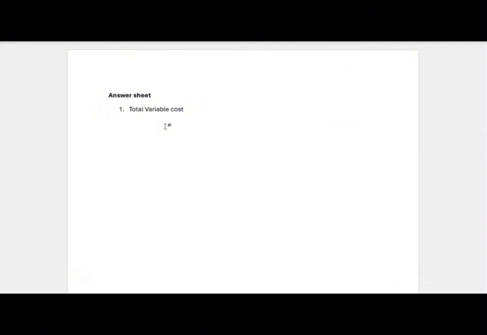identify items that are going to help us to calculate total variable cost. So number one, we have the item total direct material cost. It's a variable cost.